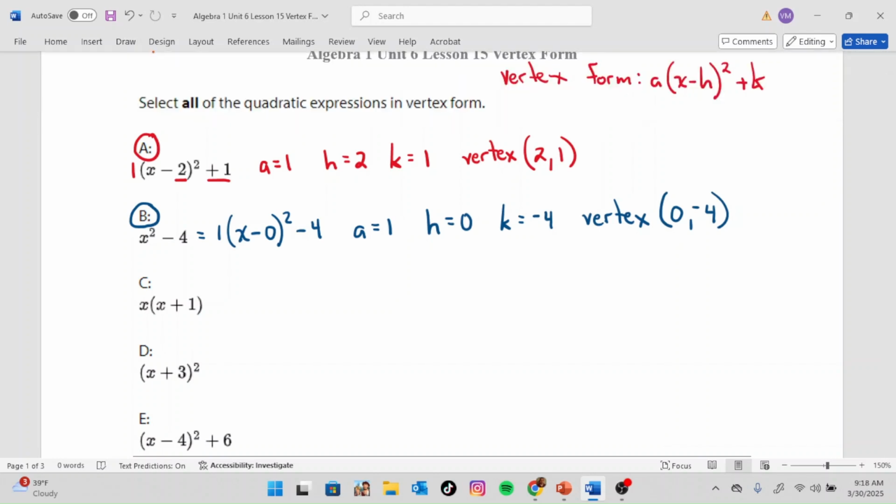C is not in vertex form. This is actually in factored form. So the only thing we would be able to tell from this is the x-intercepts: if x was equal to 0, then I'm at 0, 0.